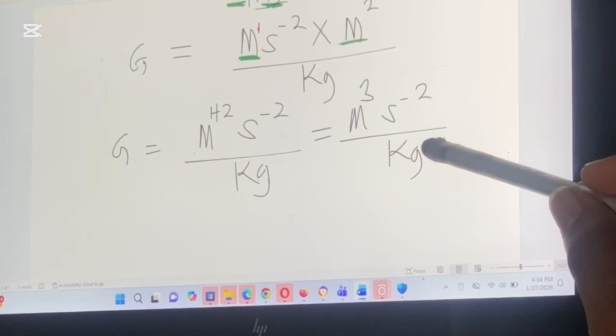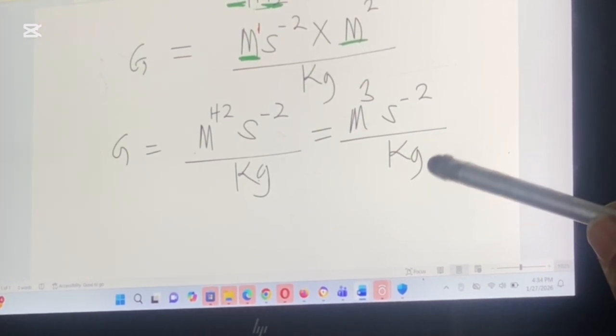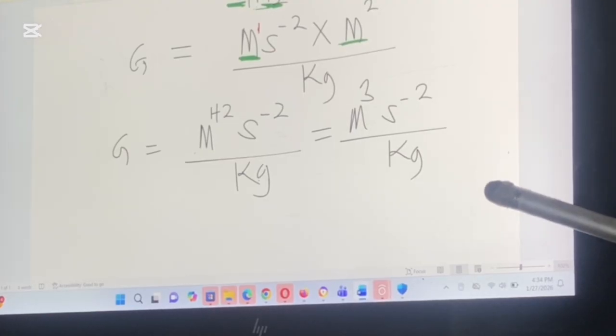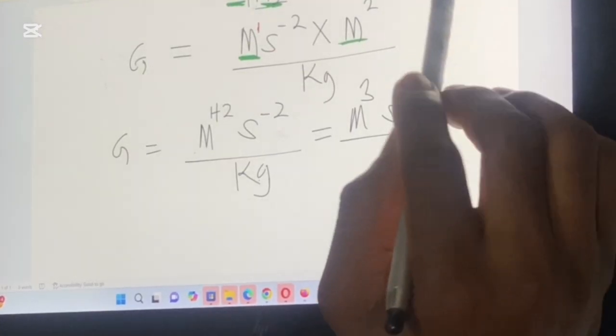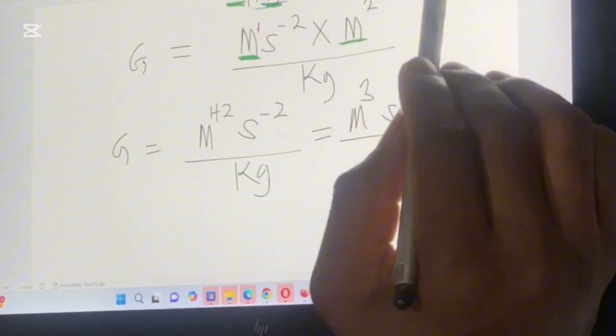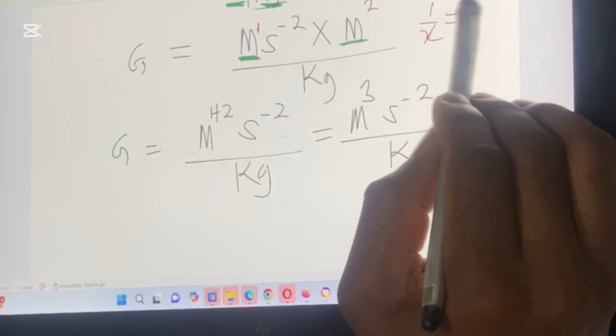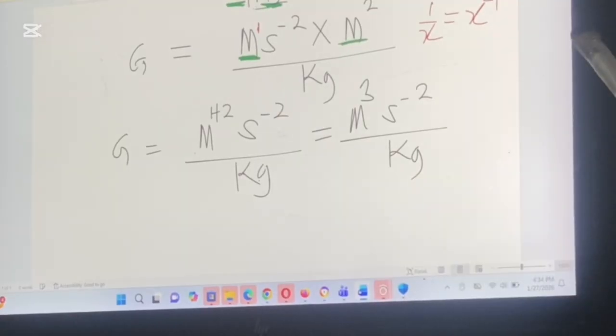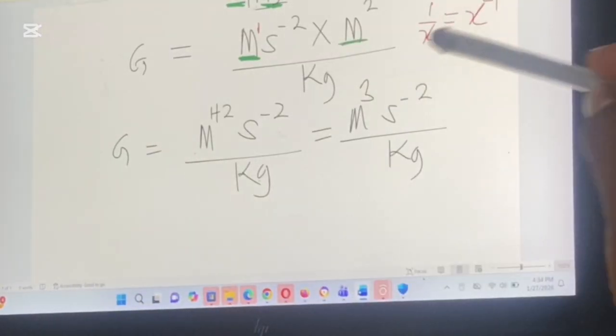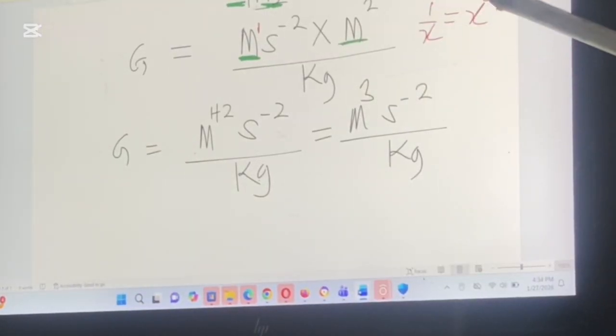But there's a law that states that whenever you take anything from the denominator to the numerator, the sign of the power will change. From the law in mathematics, 1 over s is the same as s raised to the power of minus 1. So whenever you take anything from denominator to numerator, the sign of the power will change.